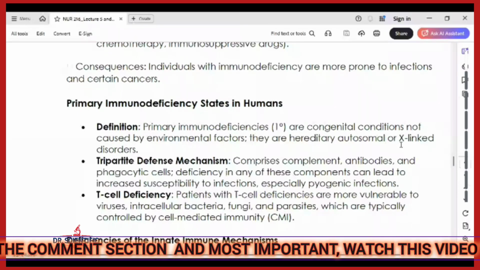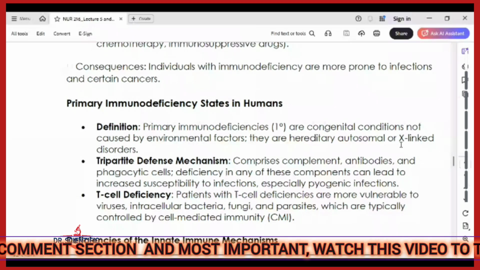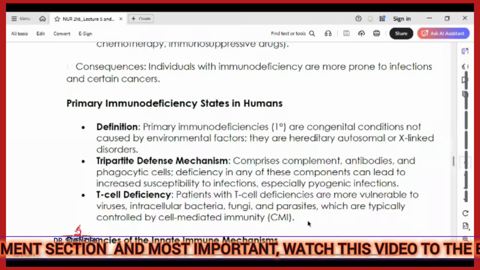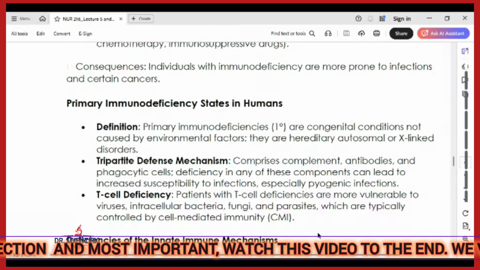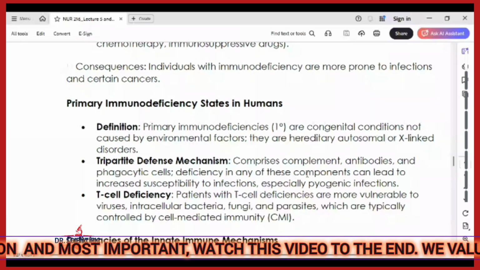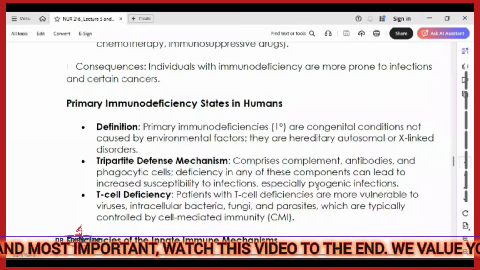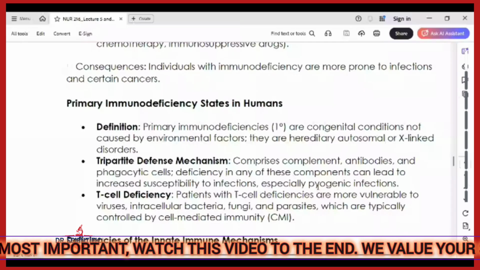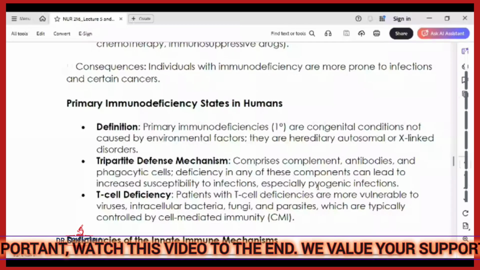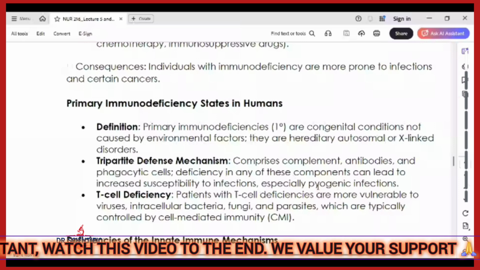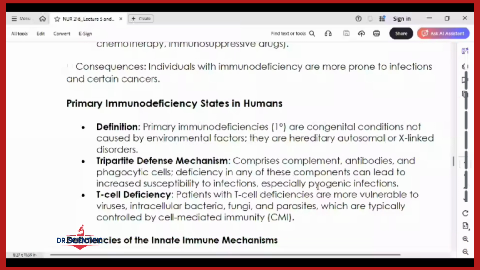A mother donates one and father gives the other. So if you have 46 chromosomes, you've inherited one chromosome from your father, one chromosome from your mother. Then if you're male, you inherited the X chromosome from your mother and a Y chromosome from your father. If you're female, you've inherited an X chromosome from your father and an X chromosome from your mother. That is how we define, of course, the genders.